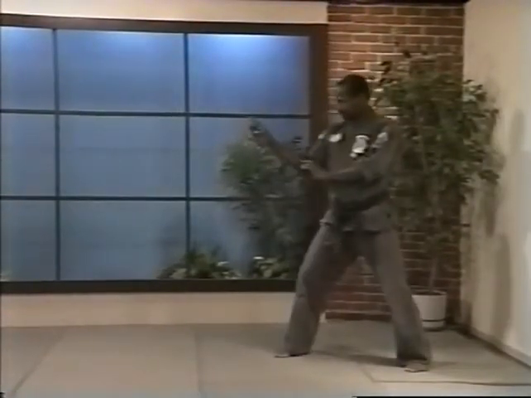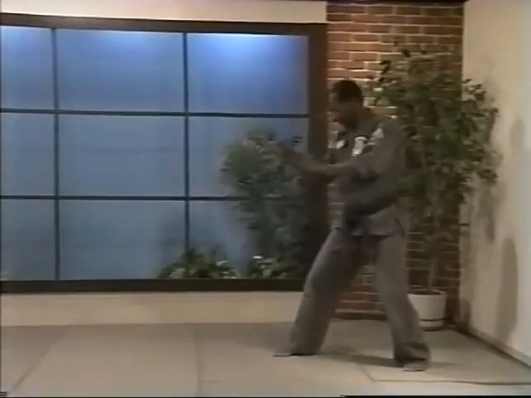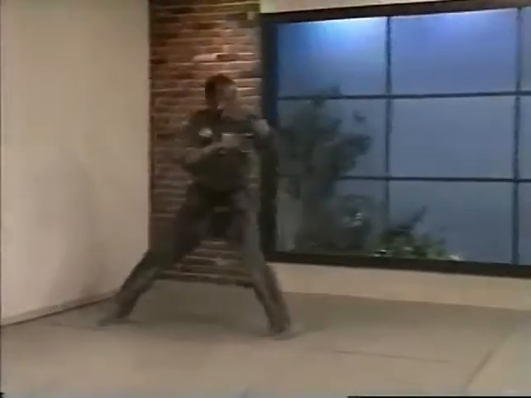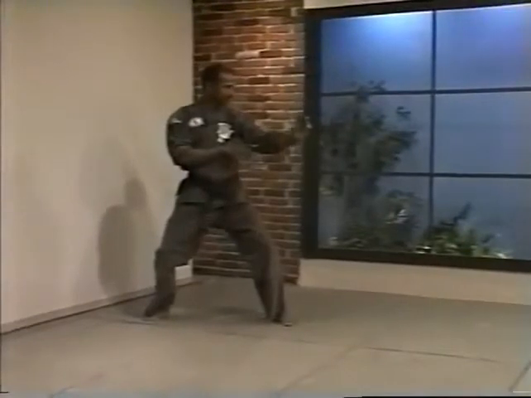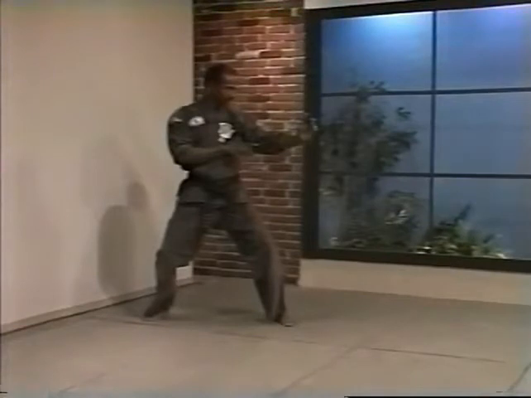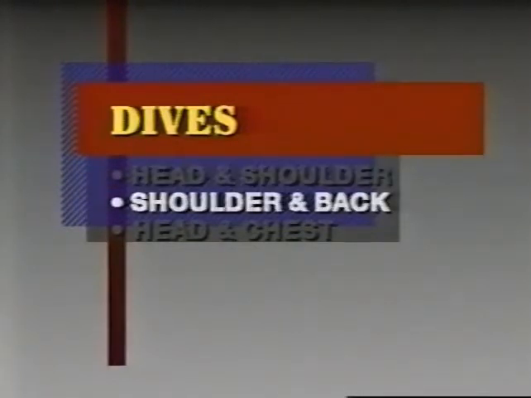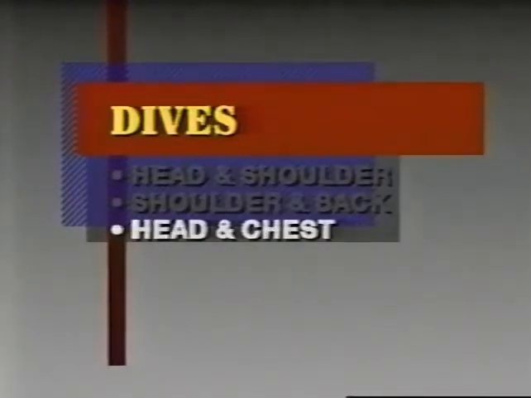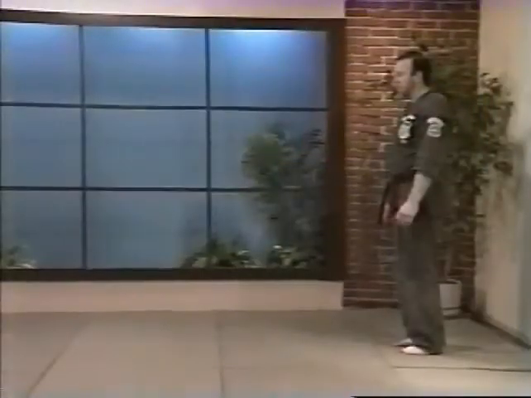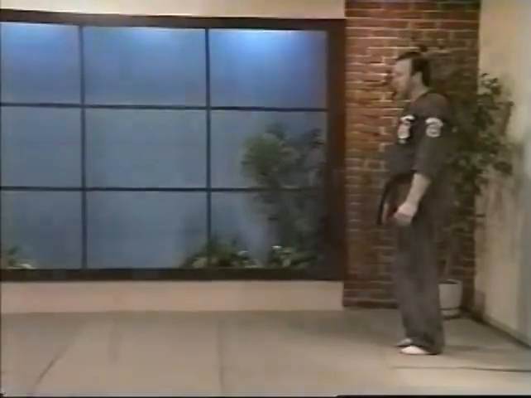When diving, you leave the ground with your feet and land on your hand or hands in the majority of cases, then roll with the parts of your arm, shoulder, back, hip, and leg before landing up on your feet again. There are three main types of dives: head and shoulder, shoulder and back, and head and chest. Other specialized diving methods and their uses will be described in future tapes.